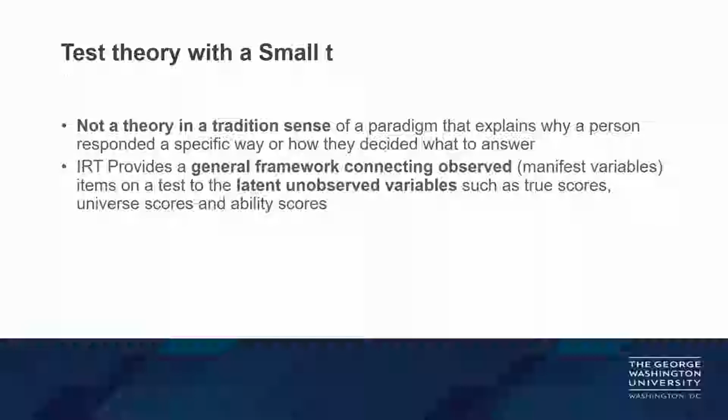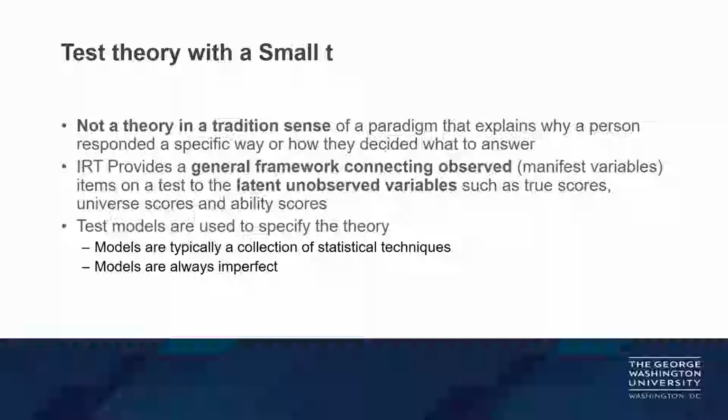That is, we have items on a test or questions on a survey that we're trying to connect to the underlying factor or concept. We've discussed some of these things in a general framework of true score, universe score, or ability score. We don't ever touch or witness those things directly, but we've used items in the classical sense to make a statement about someone's true score.